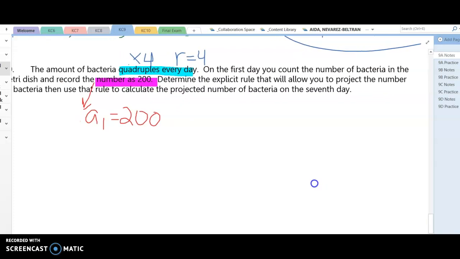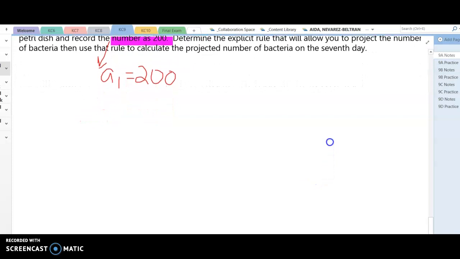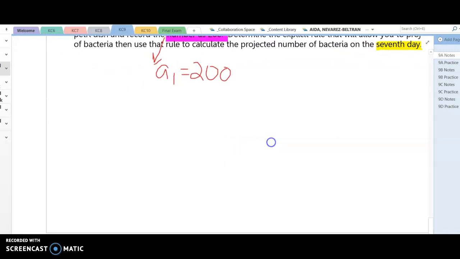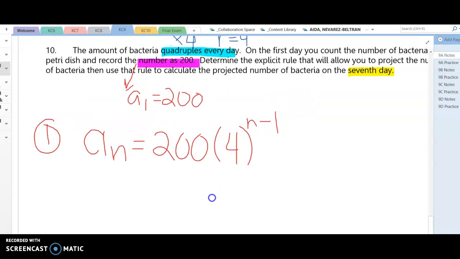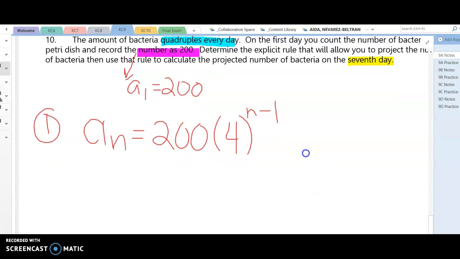Determine the explicit rule that will allow you to project the number of bacteria, then use that rule to calculate the projected number of bacteria on the 7th day. So it's a 2-part question. First, we have to write the formula. Our formula is A_n equals 200 times 4 to the n minus 1, because 200 is our A1 and our common ratio was 4, which we found from the quadruples.